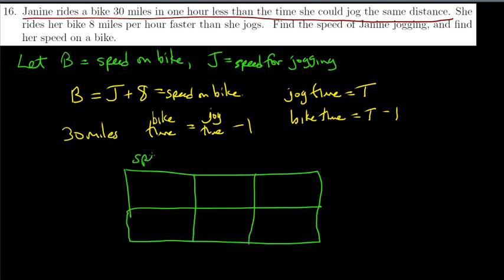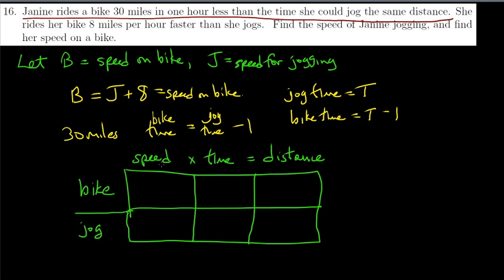So this is speed times time equals distance. And again, it's just Janine. So she's riding her bike or she's jogging. Those are the two situations. And now let's fill in the table.